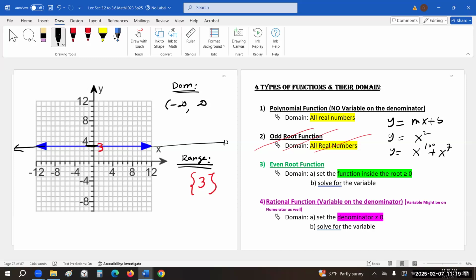So polynomial means our variable has no negative or fraction power. Okay, no negative power, no fraction power, and they cannot be on the bottom.